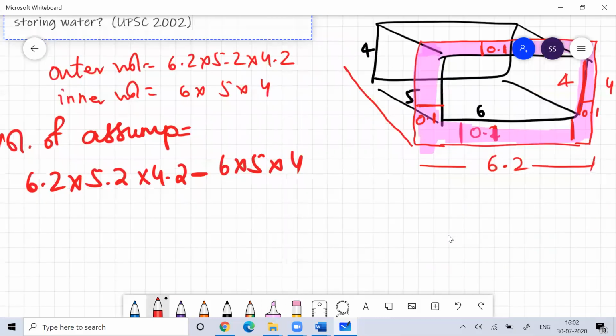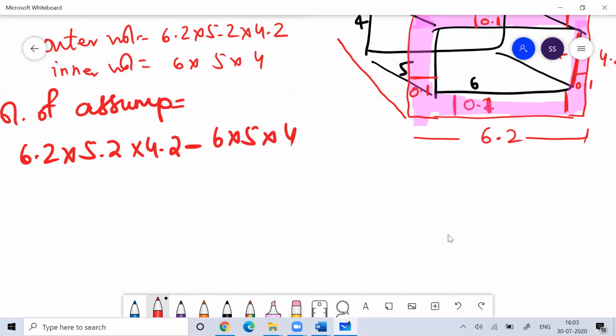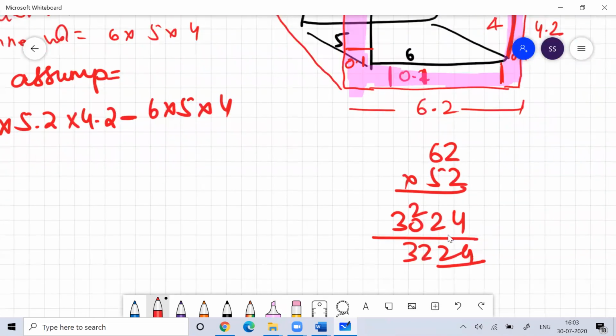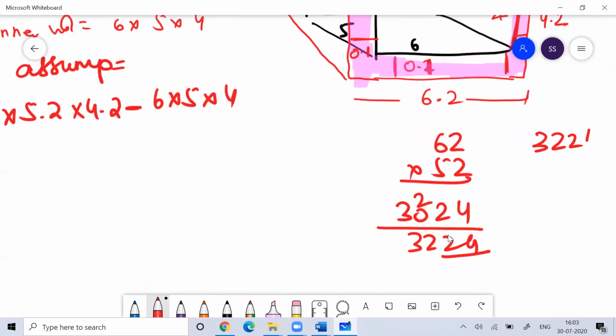So what is 6.2 into 5.2 into 4.2? We can do it very fast. 62 into 52: this is 30, this is 12 plus 10, 22, this is 4, so it would be 3224. This is Vedic maths. I already explained Vedic maths in my videos.